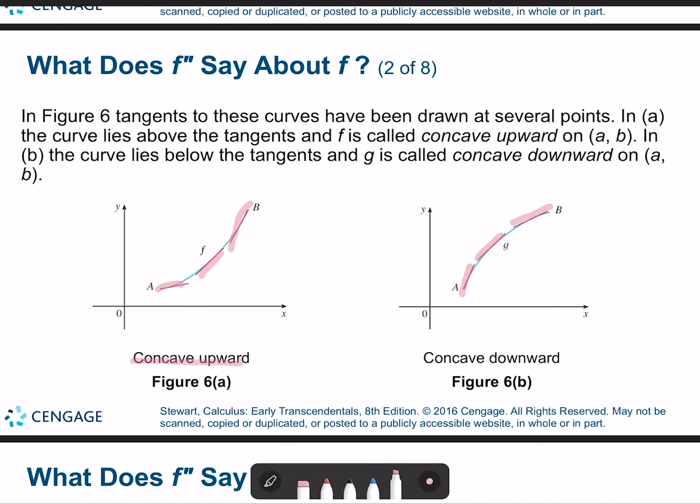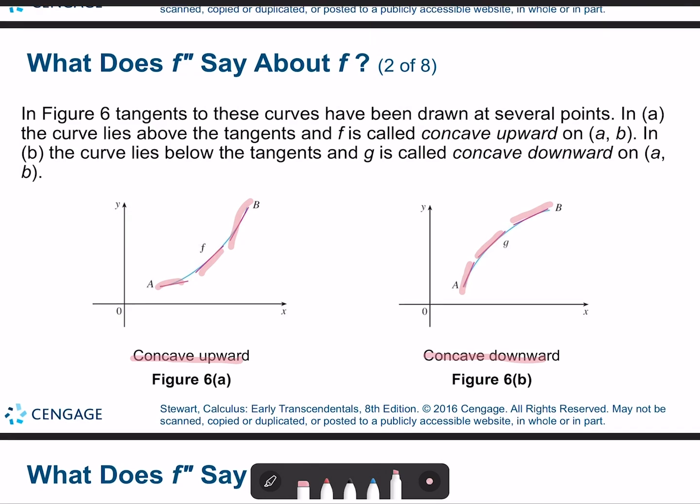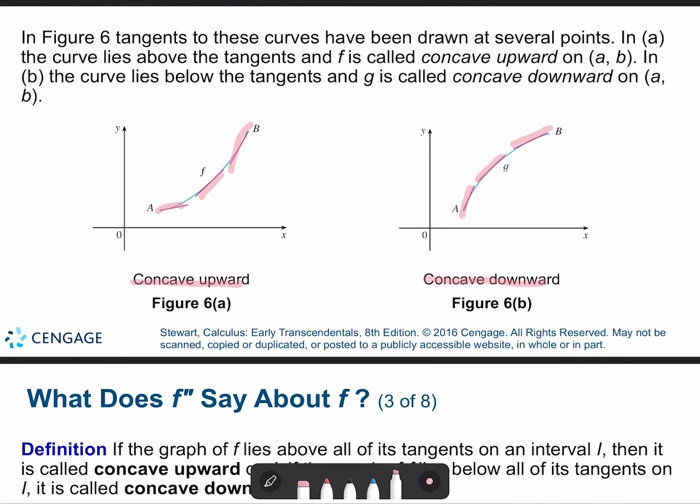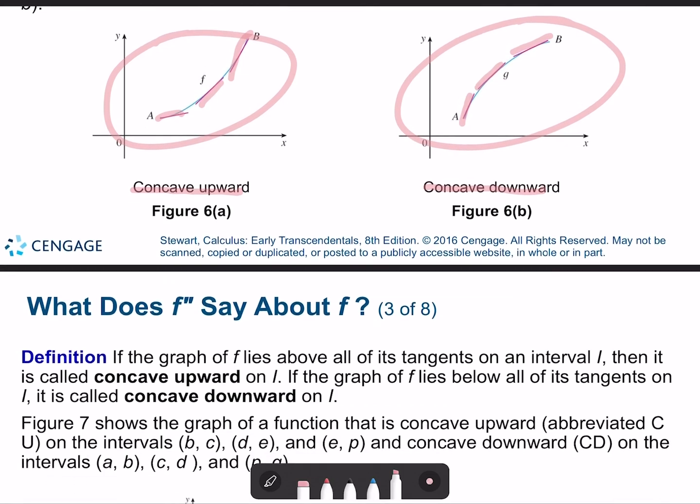In the first case, we were concave upward. In the second case, we were concave downward. So in both instances, f prime was greater than 0. The slope of all those tangent lines were greater than 0. They were all positive. But one of them was becoming more and more positive, and one of them was becoming less and less positive, but still positive the whole time.